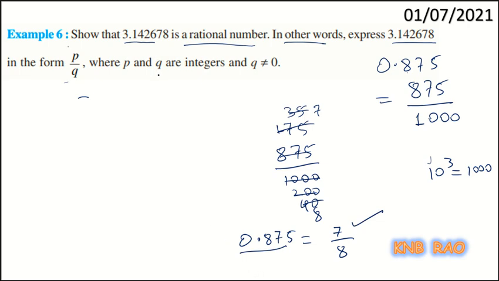In the previous example, we converted from P by Q form into decimal form, whereas in this question we are asked to convert from the decimal form of this terminating rational number into P by Q form. Let us go for doing this. Okay, I gave you this example, since we have solved it in our example 5. So I am just clearing the screen.